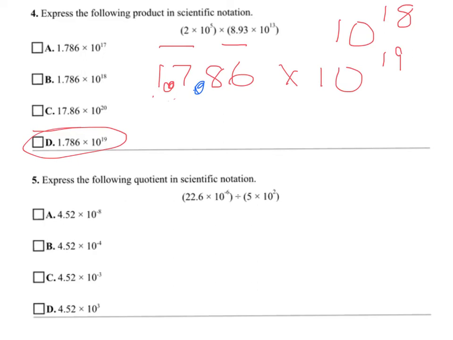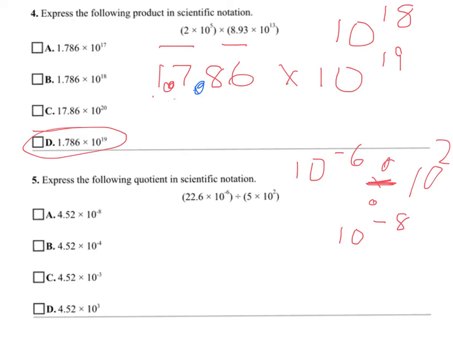This next example, we're dividing. So in that, exponent rules, 10 to the negative 6 divided by, I should go with the division sign. Wow, writing on this is tough, guys, sorry. 10 to the 2nd. So exponent rules say that we subtract. So 10 to the negative 6 divided by 10 to the 2nd will give us 10 to the negative 8th.